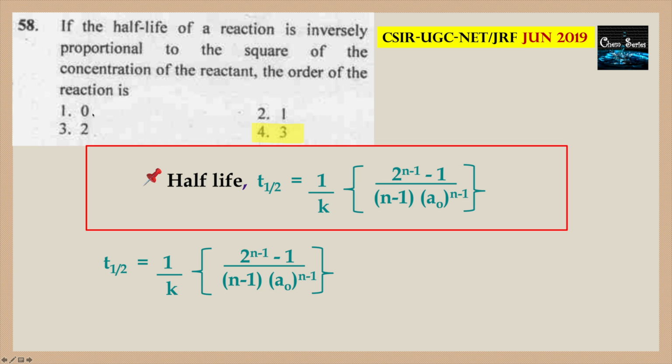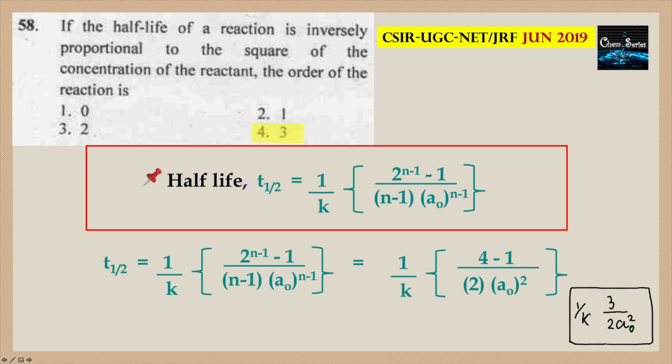Since we already know for zero, first and second order, you just write those half-life formulas. But third order, we don't know, right? So for third order, if we calculate, it is 1 by K into 3 divided by 2 A naught power 2.